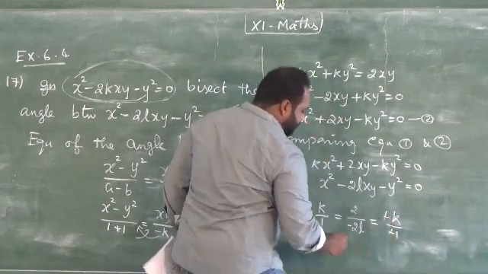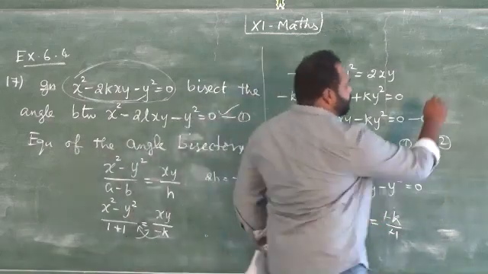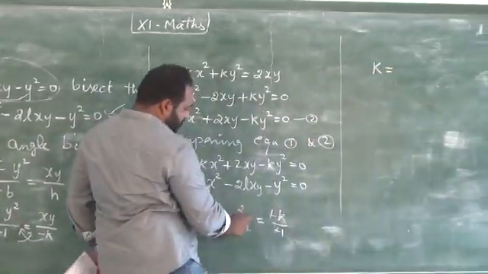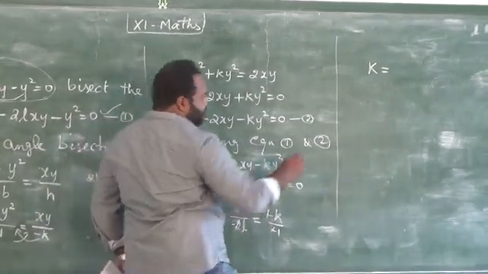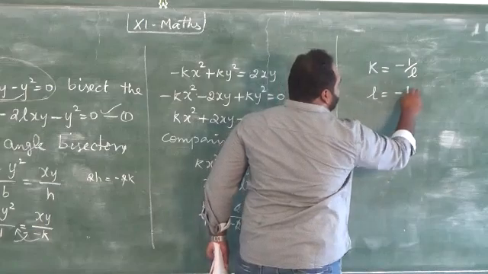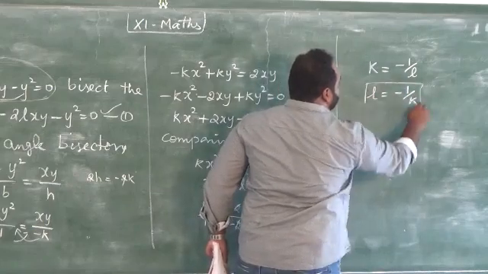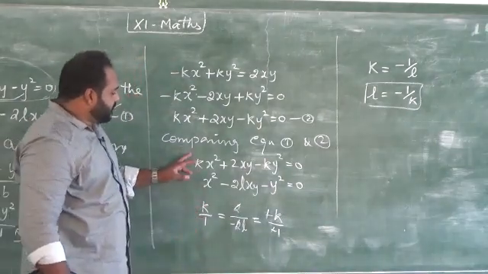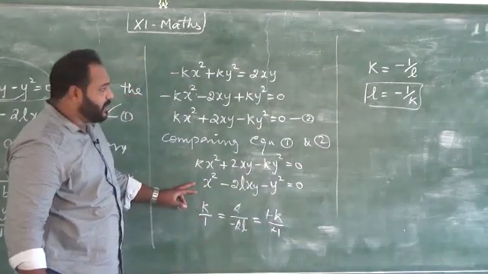Minus cancels, so k equal to, here 2 will be cancelled, minus 1 by l. So l equal to minus 1 by k. I have taken this value for l from comparing these two equations.